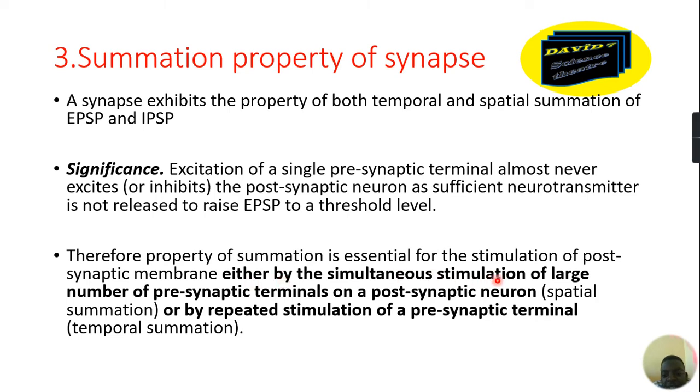In spatial, simultaneous stimulation of a large number of presynaptic terminals on a single postsynaptic neuron. In temporal, you have repeated stimulation of a presynaptic terminal. Here it is one, but repeatedly stimulated.